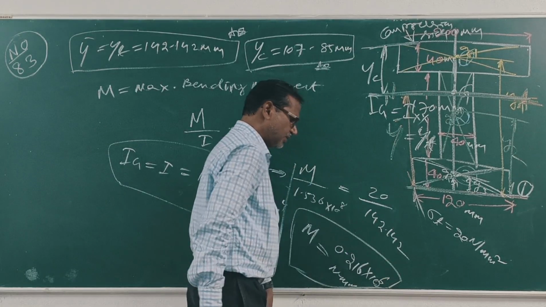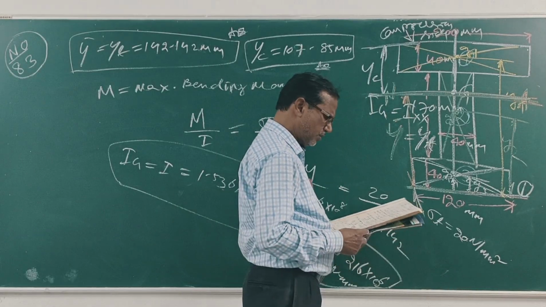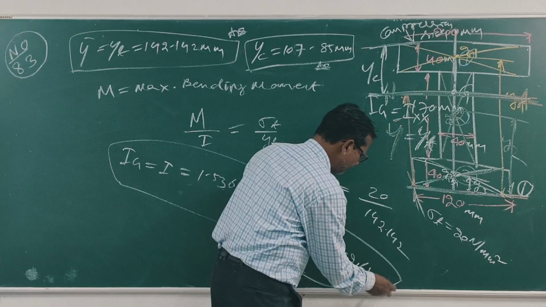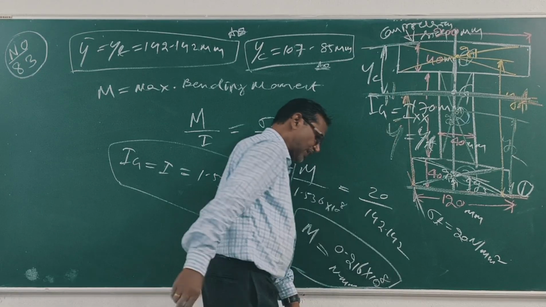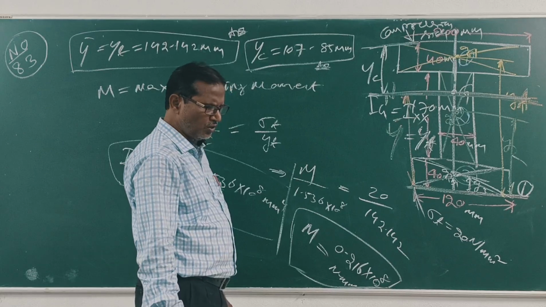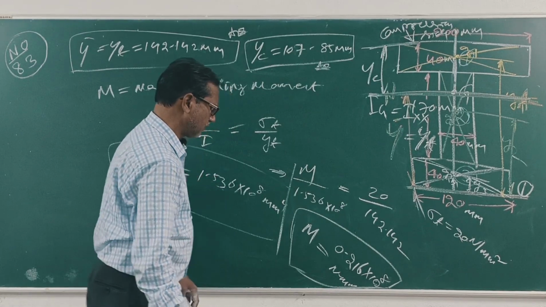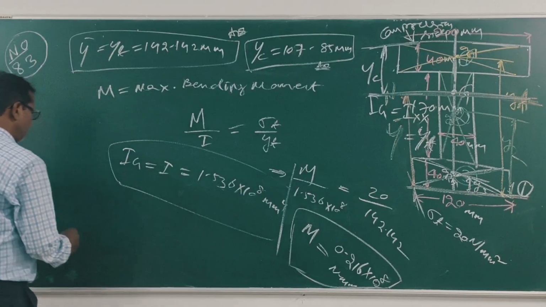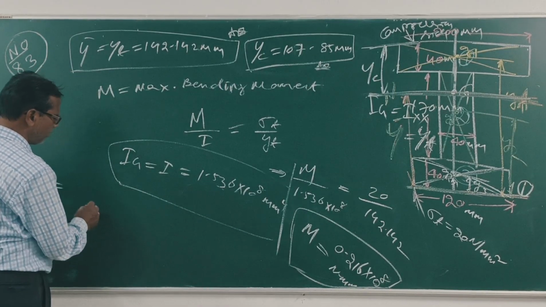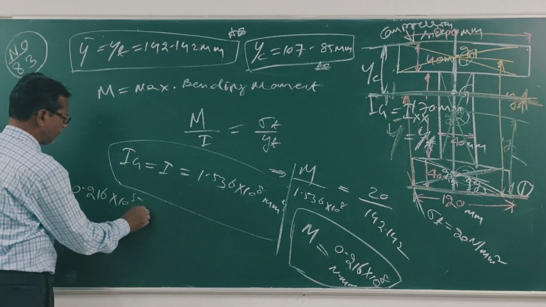The answer is in Newton mm. Clear? We will make this Newton meter or kilonewton meter. So M is equal to 0.216 10 to the 5 Newton meter.